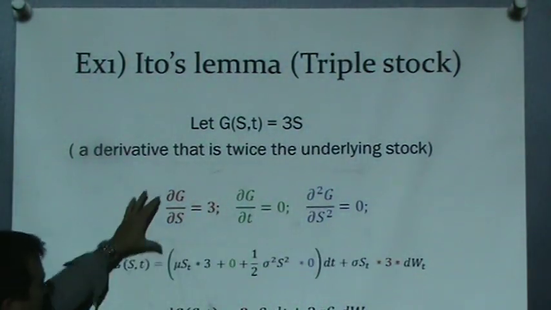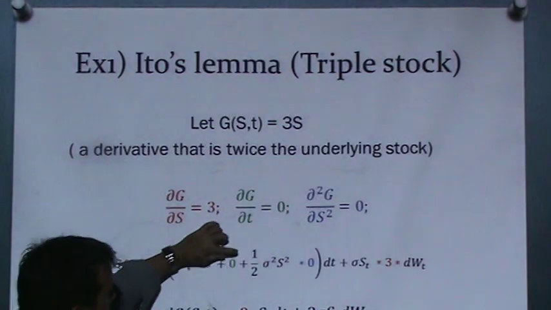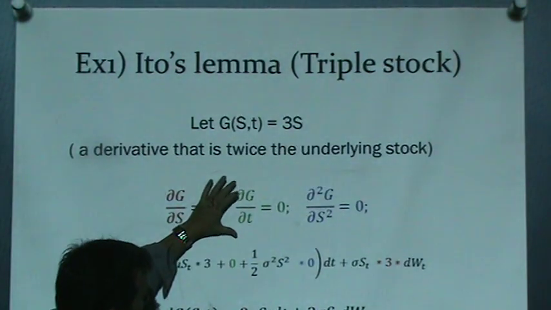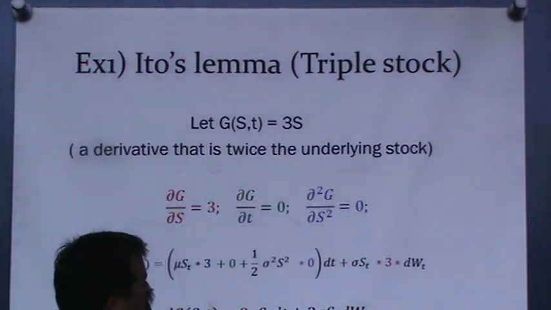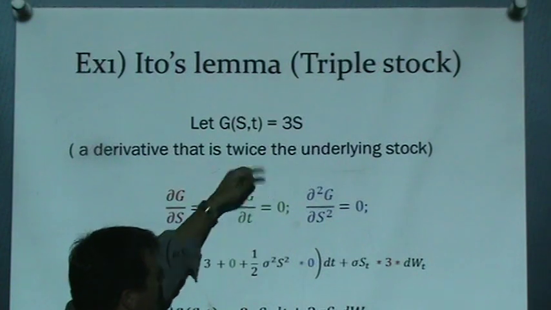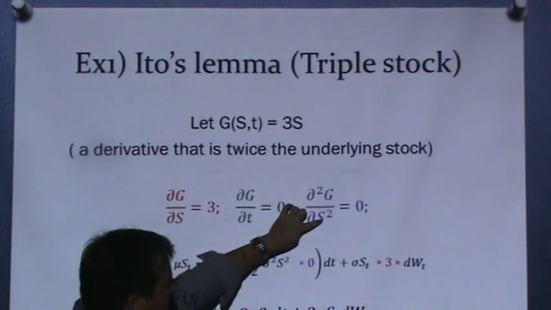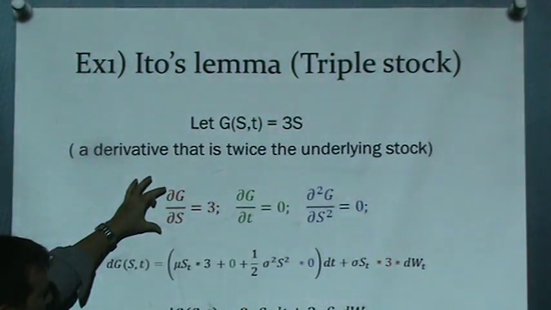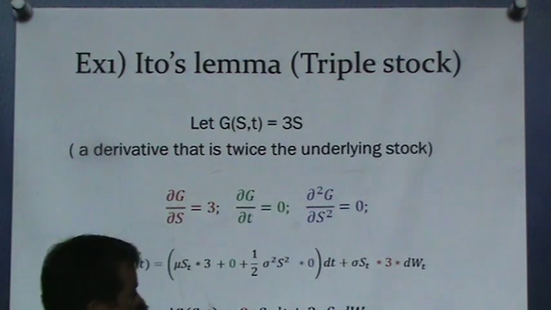Okay, so we have the first derivative is 3 with respect to the stock. The first derivative of G with respect to time is 0 because there's no T in this formula. This is a constant from T's point of view. And then the second derivative of G with respect to S is the derivative of the derivative. So the derivative of 3 with respect to S is 0.